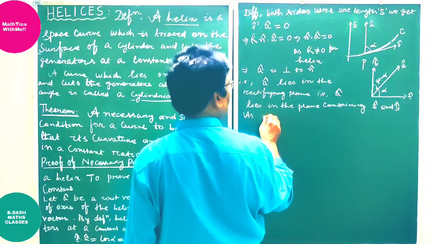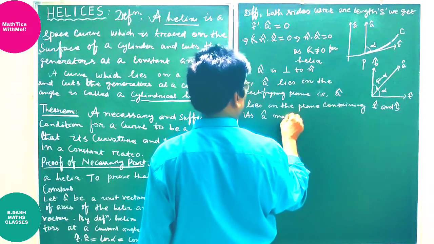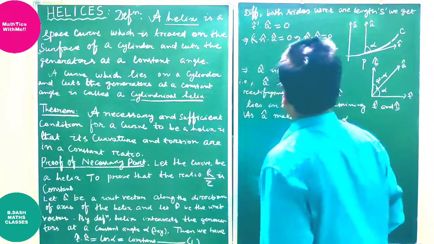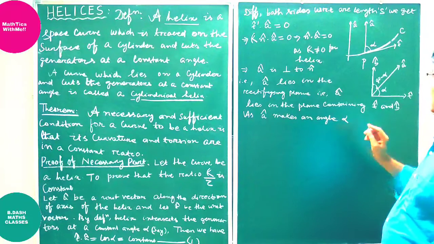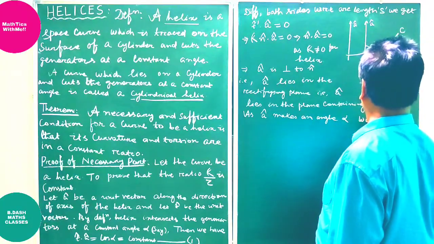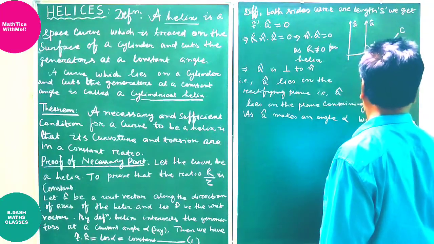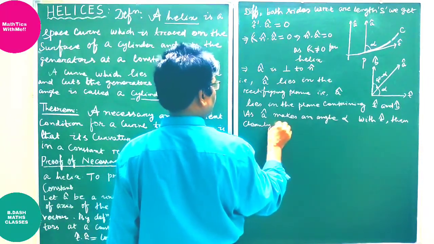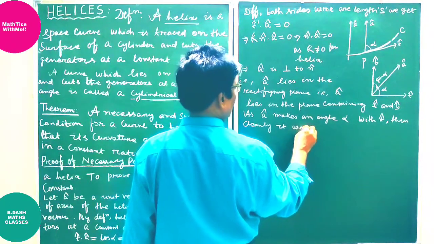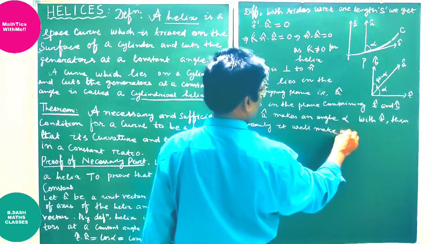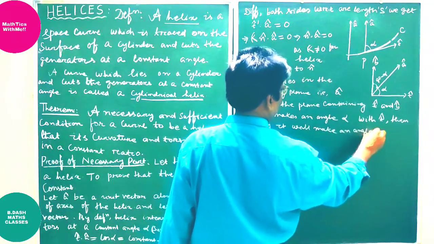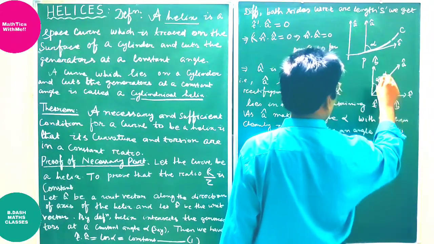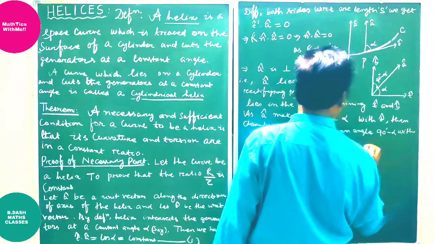As vector a cap makes an angle alpha with t cap, clearly it will make an angle 90 degrees minus alpha with b cap.